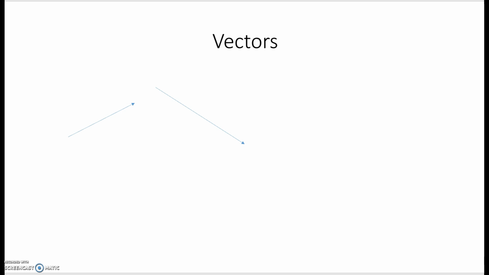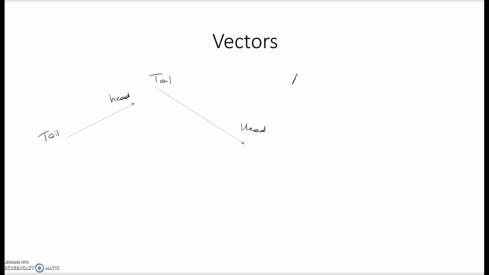Now we're going to look here mainly at vectors, and a vector is drawn as a straight arrowed line, and it has a tail and it has a head. The arrow points in the direction of the vector, and the length of the line represents the size or the magnitude.